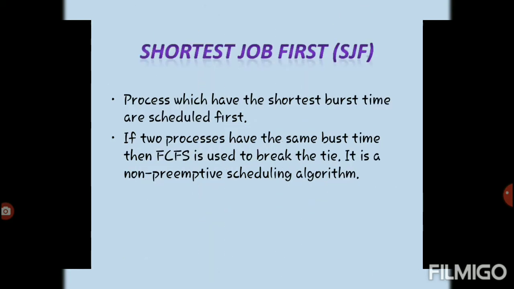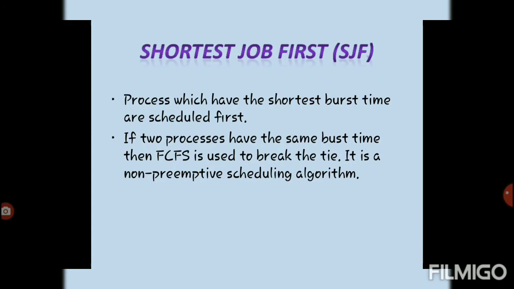And the second one is shortest job first. By shortest, we mean here the length of the job, that is, which job takes the minimum burst time. Burst time is execution time. Maybe there are 4 processes waiting. For process 1, the burst time would be, for example, 5 minutes, for the second process 4 minutes, for the third one 3 minutes, and for the fourth one 2 minutes.